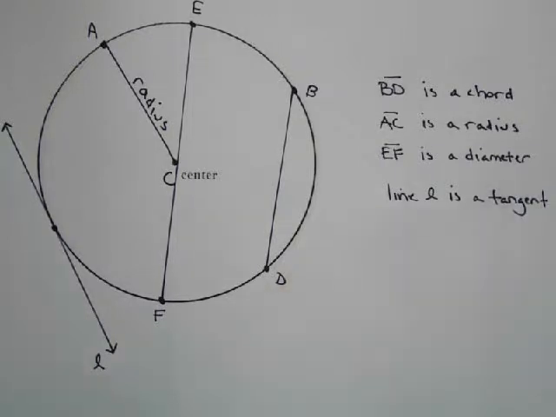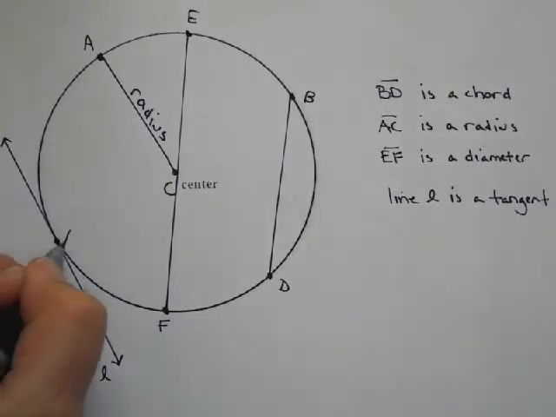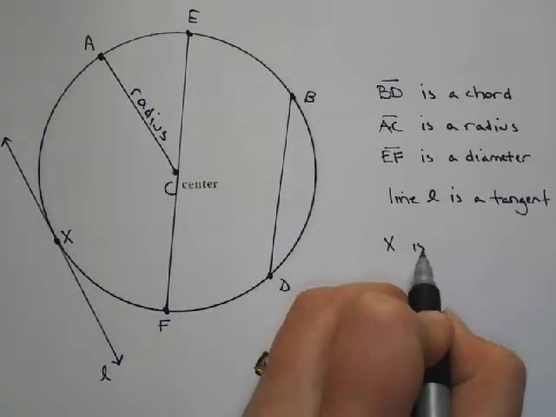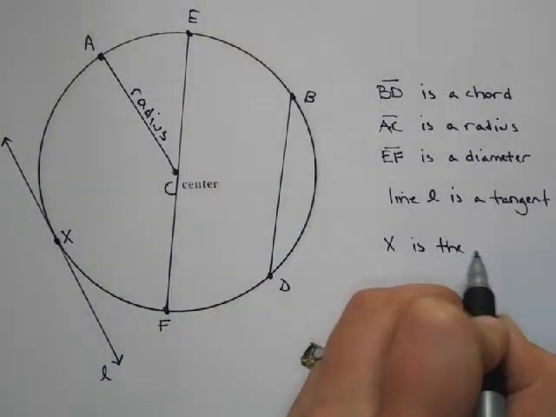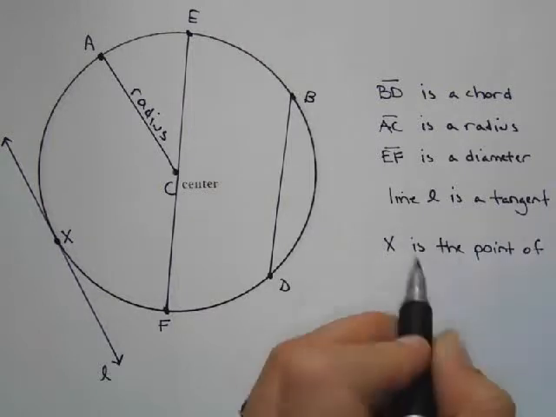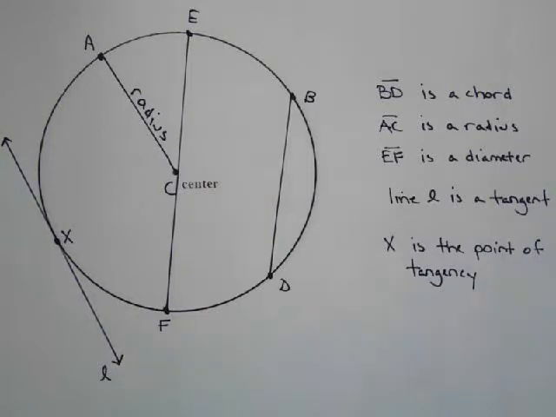And it can be a segment, depends on how you want to name it. And then we call the point that it intersects a point of tangency. So X is a point of tangency. That's where the tangent line meets the circle.